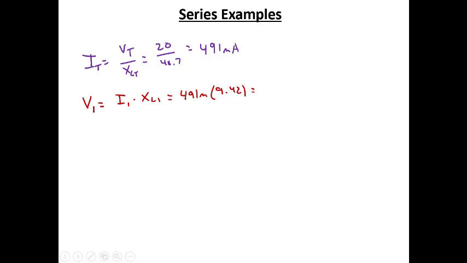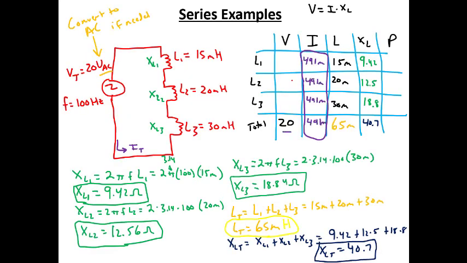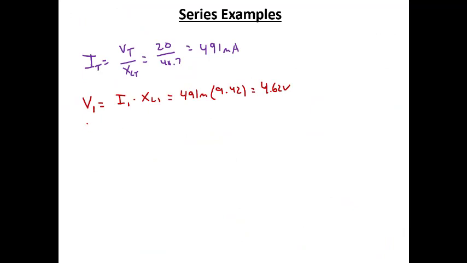On our calculator, 491 milli times 9.42, and I get 4.62 volts for this one. All right, so let's do V2, which would be I2 times X sub L2.